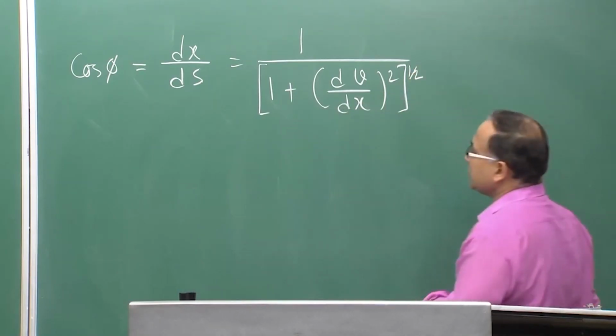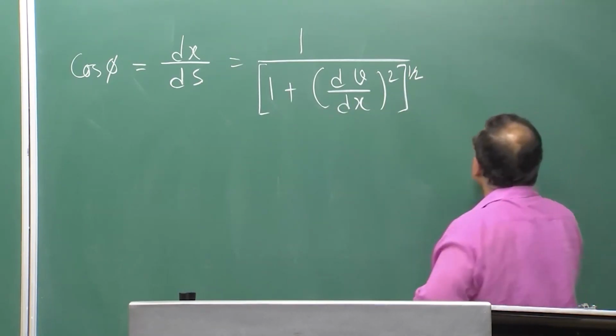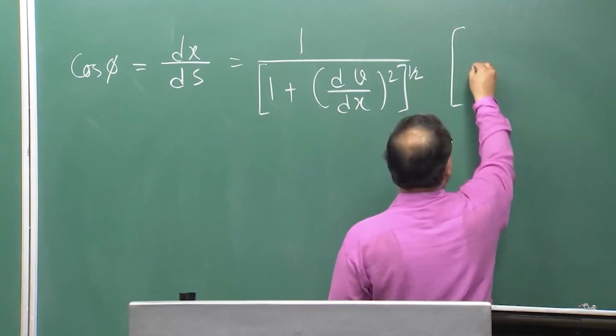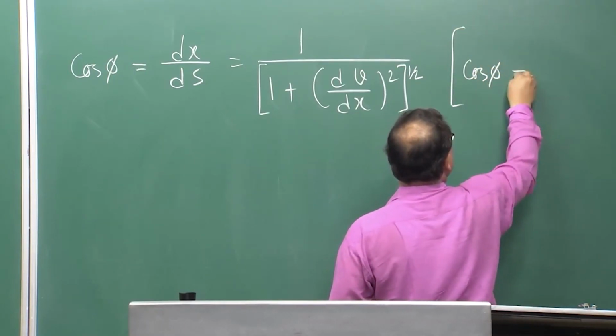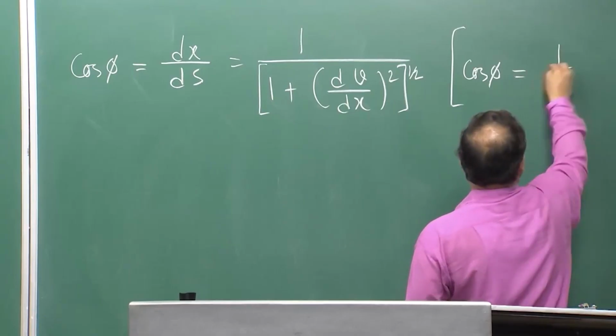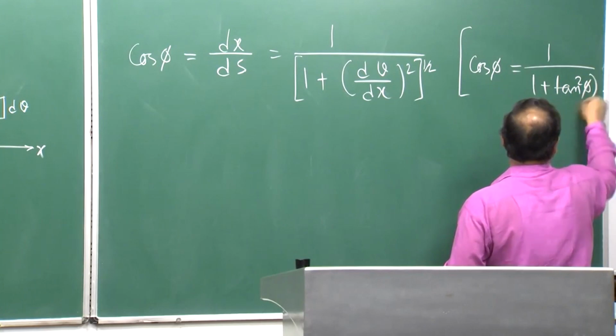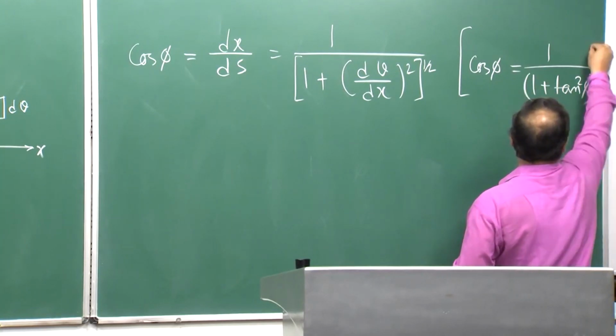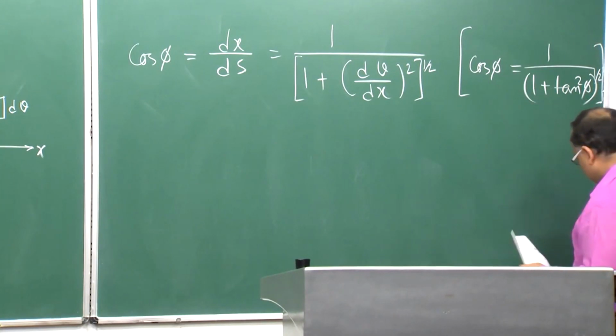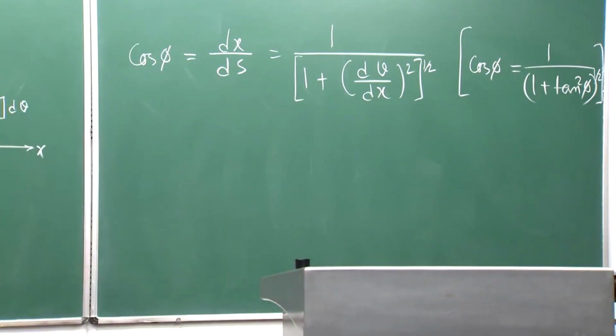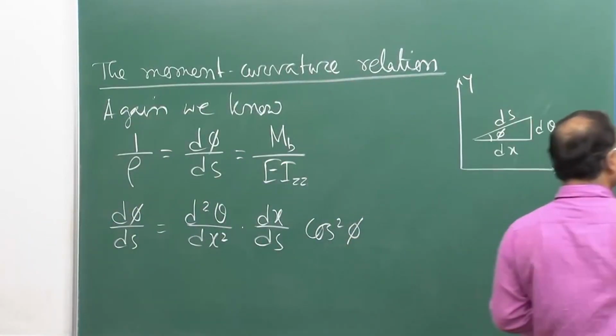So, where is this relation coming from? This is a simple geometrical relation, because from trigonometry, cos phi is 1 by (1 plus tan square phi) to the power half. So, I can write that cos phi is equal to this. Now, I am substituting that here.